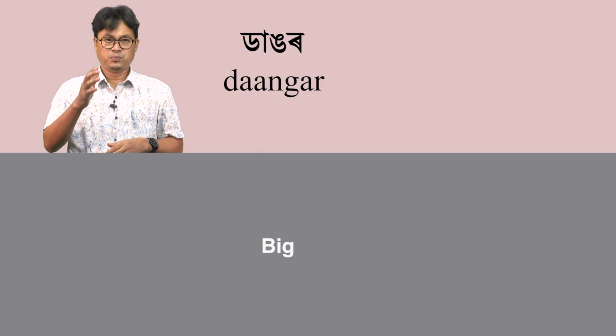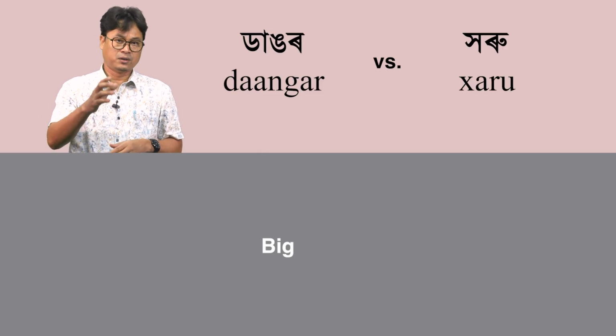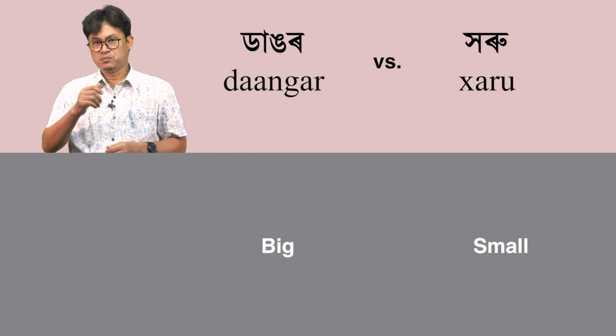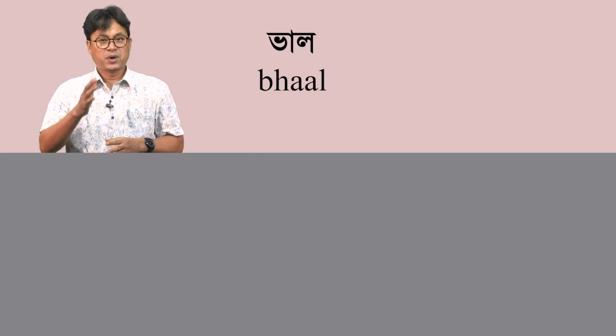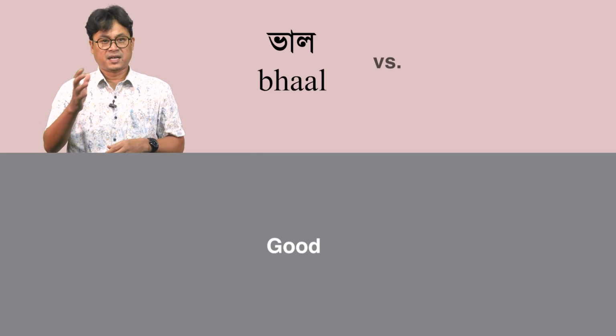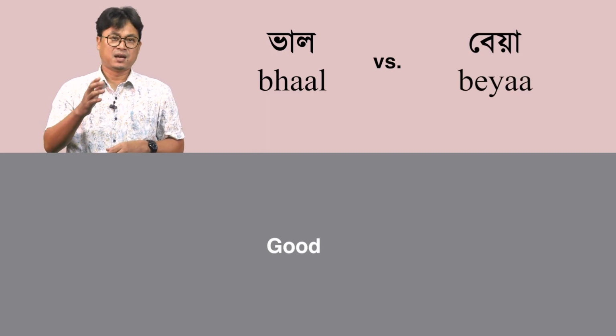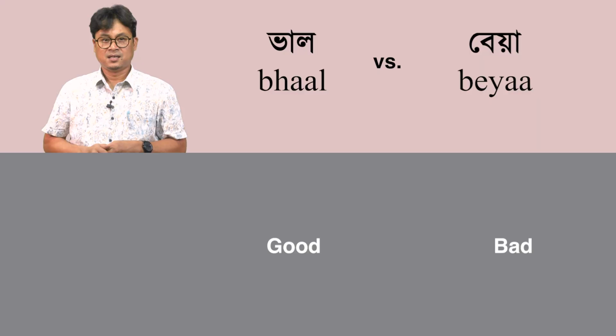Dangor means big versus horu. Horu means small. Here the first word refers to something large in size, while the second refers to something small. Another common example is bhal. Bhal means good versus bea. Bea means bad. These words express opposite evaluations or judgments.